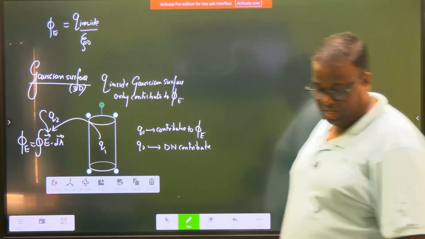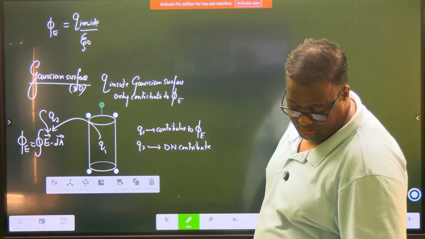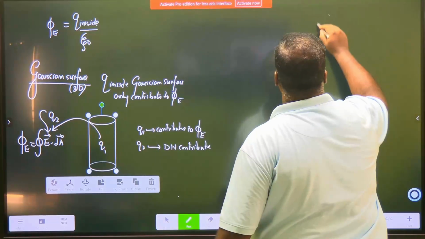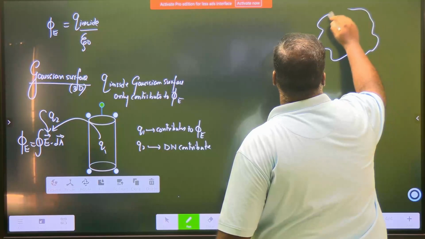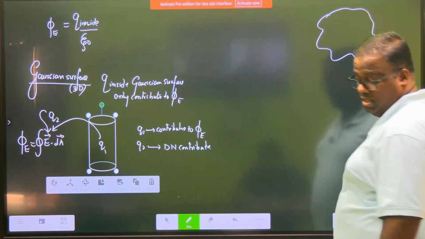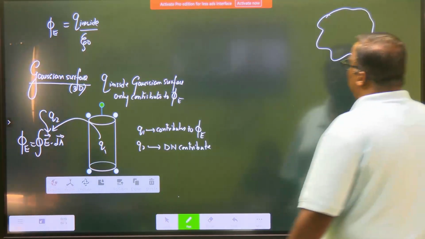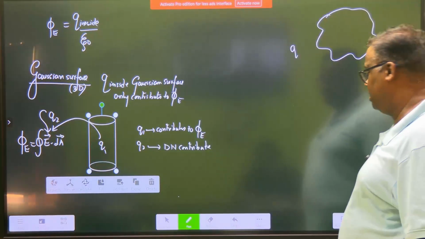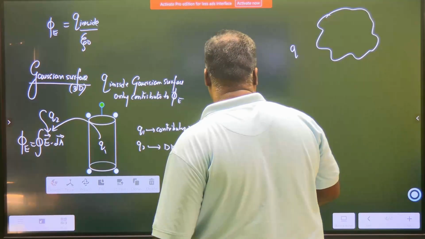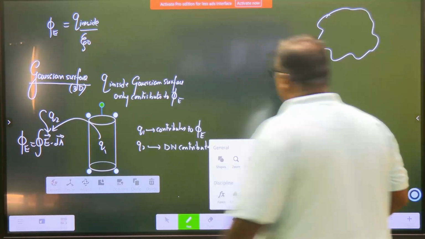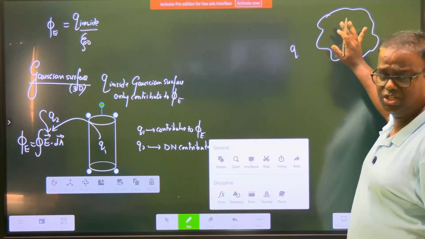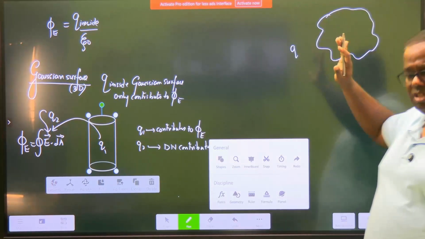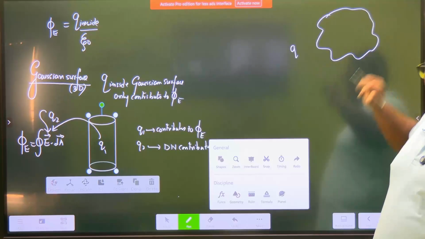Right? Okay. Our next point says that the dA, suppose for example you have a surface like this, and there is a charge Q which is out here, right? So let's have a look at the electric field lines. Are you able to understand? This is a small patch of a Gaussian surface. It can be from a cylinder, from a sphere, or from a cuboid.